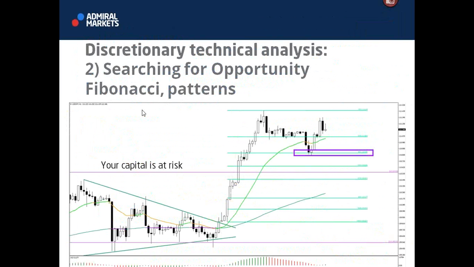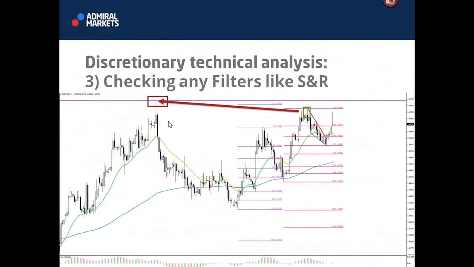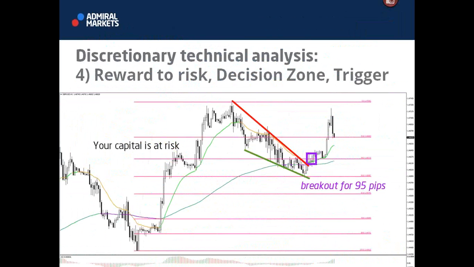We can look for retracements to the Fibonacci levels, or we can look for patterns, basically to see for a chance to join the trend or momentum. Then we'll be focusing on if there are any filters, anything stopping price from continuing in that direction. Strong support or resistance and confluences have the tendency to do that, all right? That will be the next step.